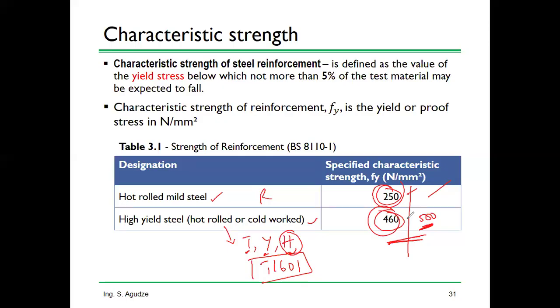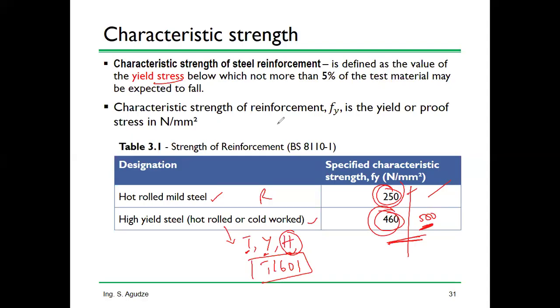If the client wants mild steel, I will demonstrate to the client, because when you are designing, we do iterations and see which one is the most optimized cost. So when you talk about the reinforcement bars, let's say I test 100 pieces, maybe mild steel, 250 strength.